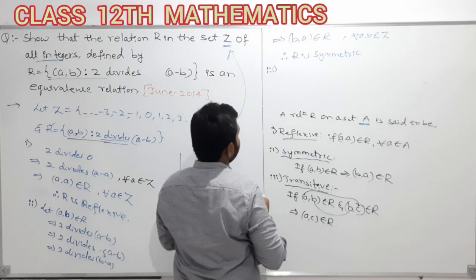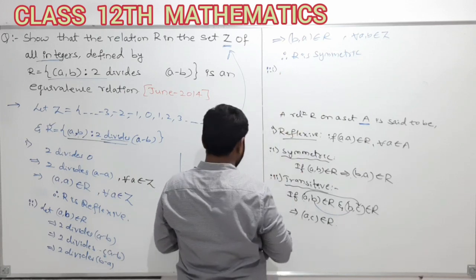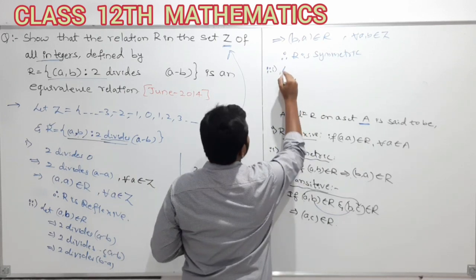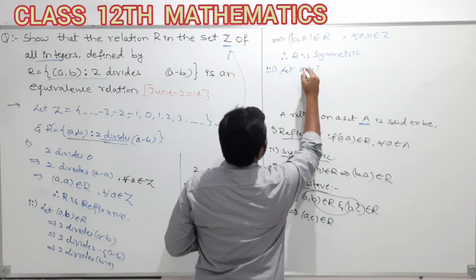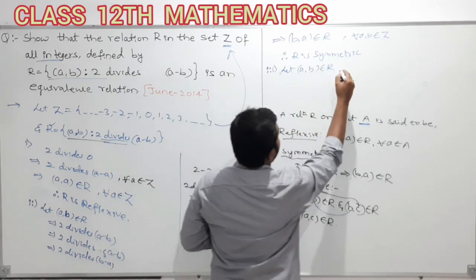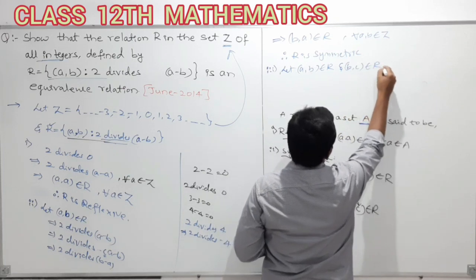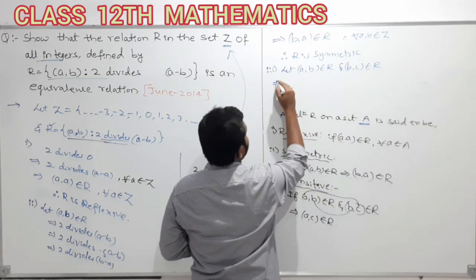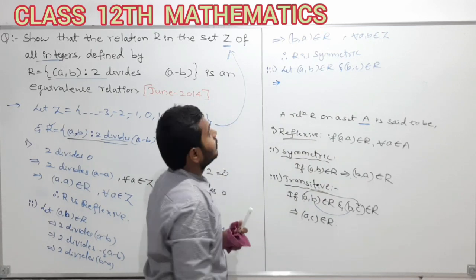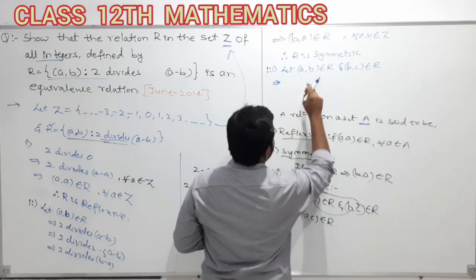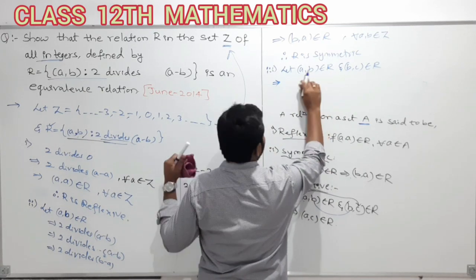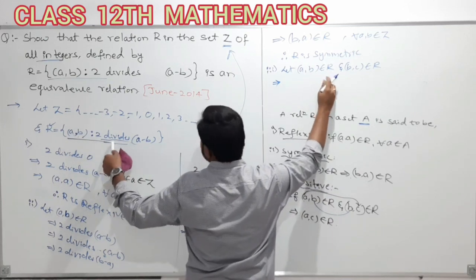For that, what I will do, my dear students, please see. Let us take A comma B belongs to R and B comma C belongs to R. This implies that if any ordered pair is in the relation R, it should satisfy this condition.